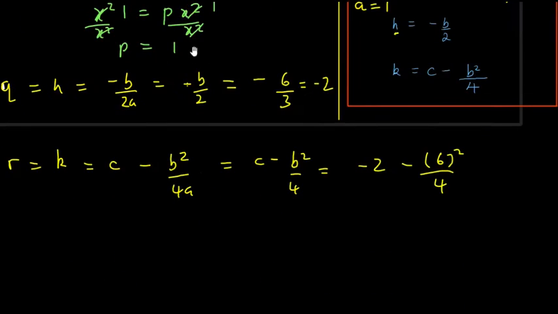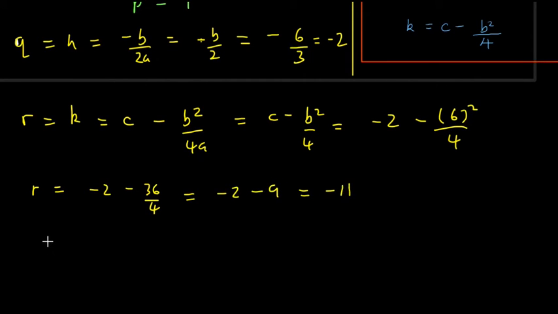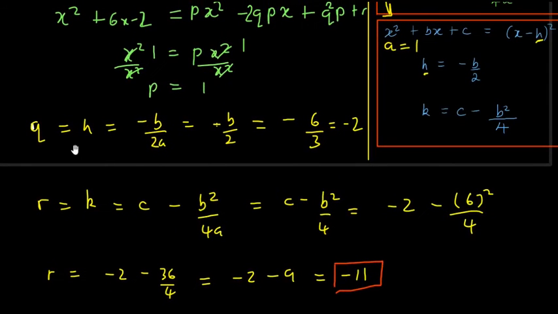Now we have r to be minus 2 minus 36 over 4, which is minus 2 minus 9, which is minus 11. So we already got our r. This is our r, this is our q, and this is our p.